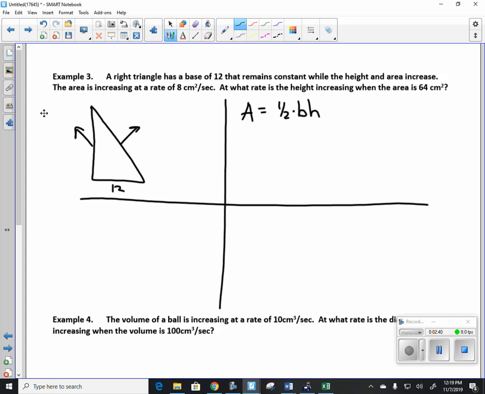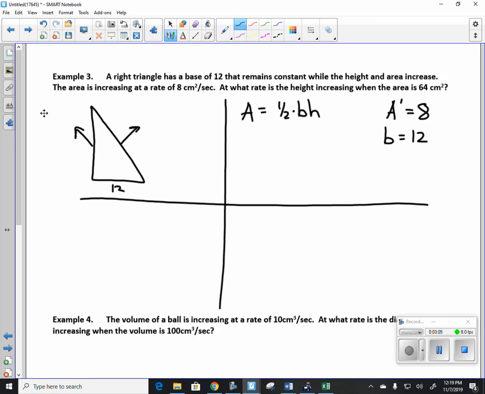We'll talk about the things that are changing in the problem, but also the things that remain the same. The area is changing. What is A prime? The area is changing at a rate of 8 centimeters squared per second. I also know that the base is 12. Is the base changing?